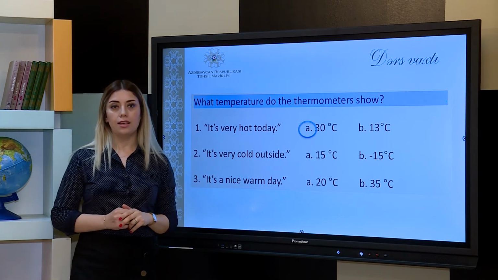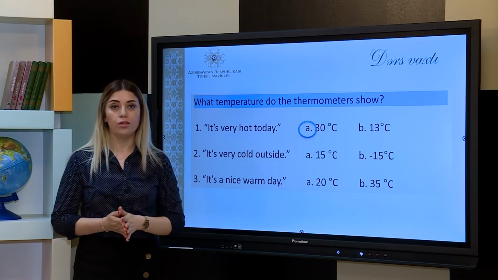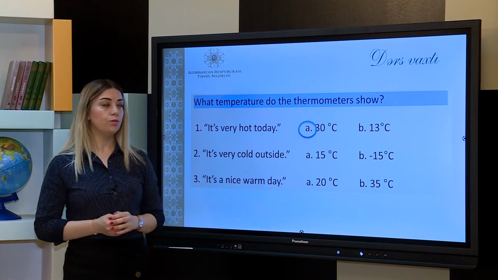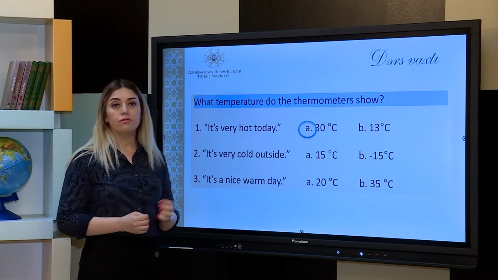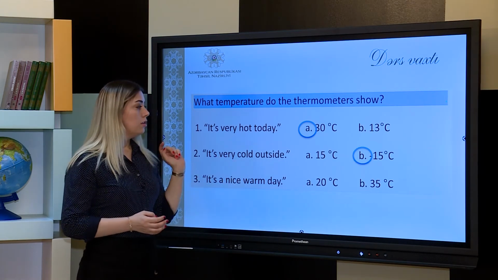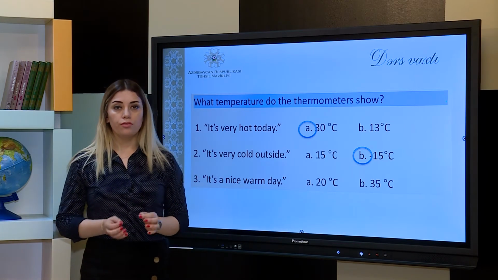Yes, of course, A, because it's 30 degrees Celsius and it is very hot. Number 2, it's very cold outside. So should we choose 15 degrees Celsius or minus 15 degrees Celsius? Let's see. Cold, very cold. B, minus, because minus shows the coldness of the weather.